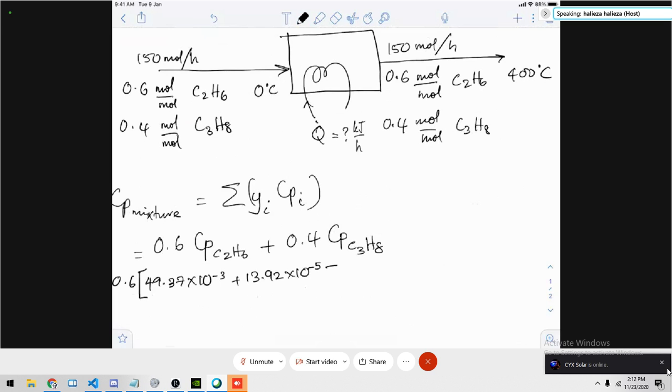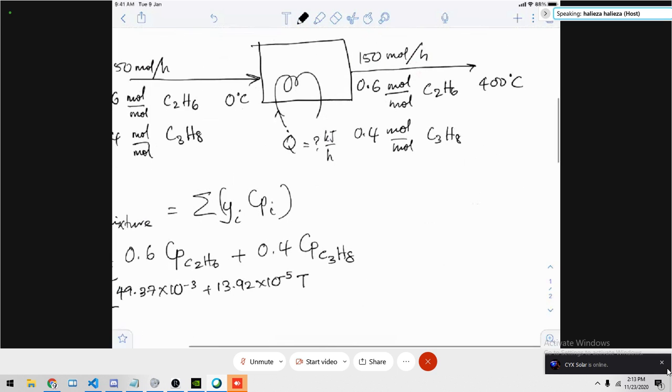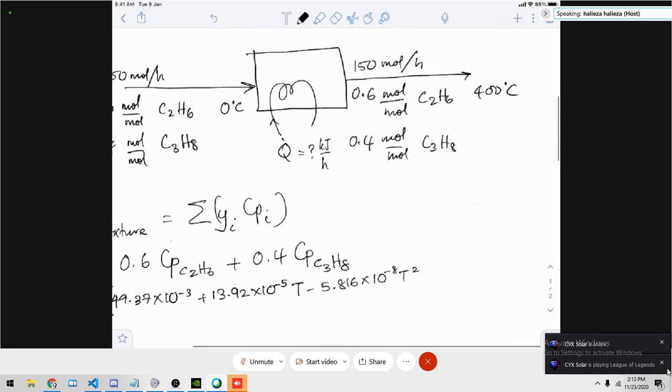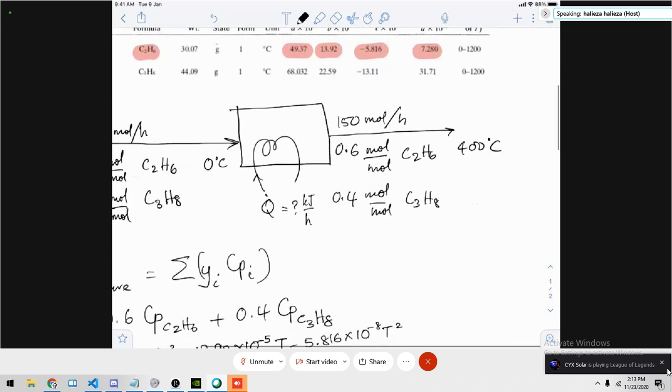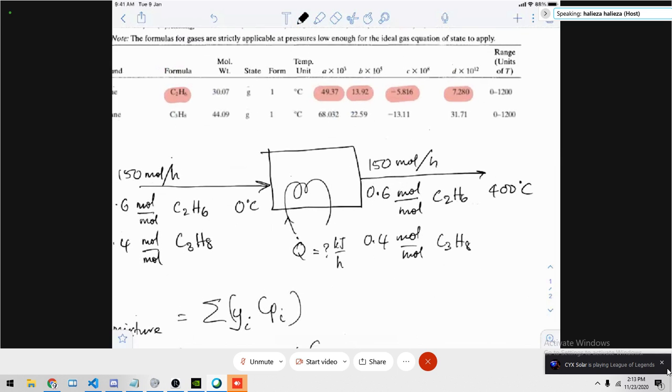Remember, there's a T temperature term there. Minus 5.816 times 10 to the power of negative 8 T squared. And lastly, your D, 7.28 times 10 to the power of negative 12 T cubed. That is your Cp for ethane.